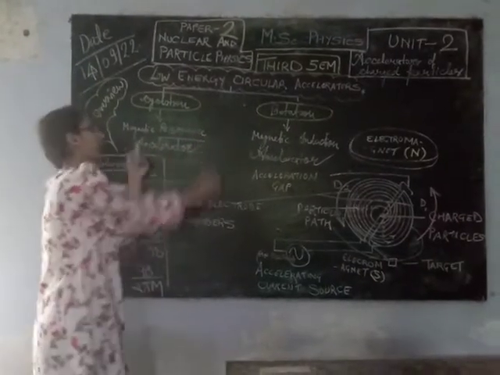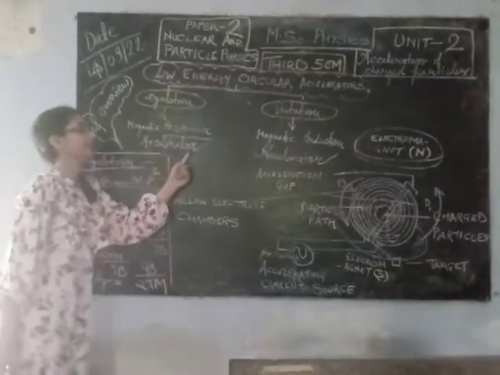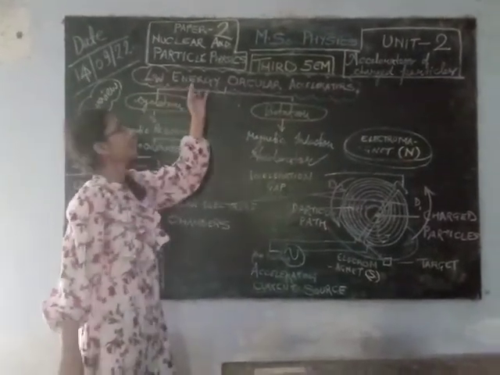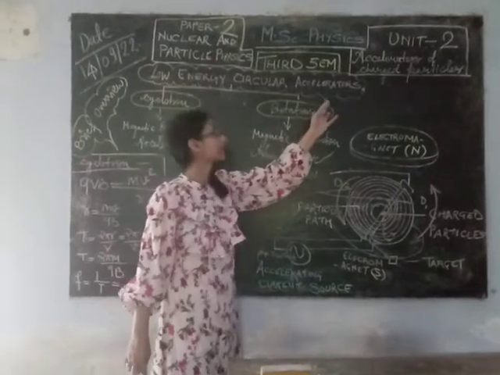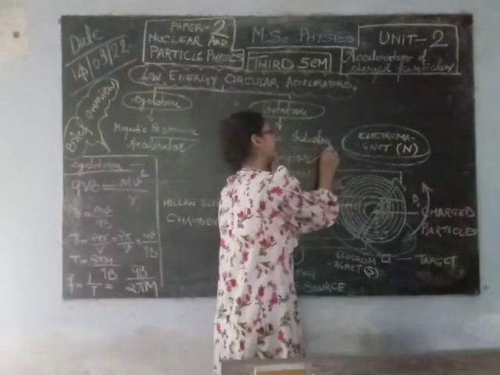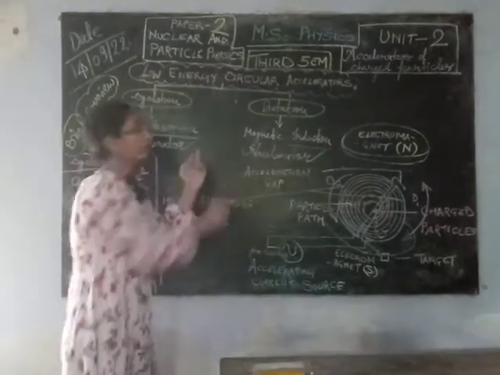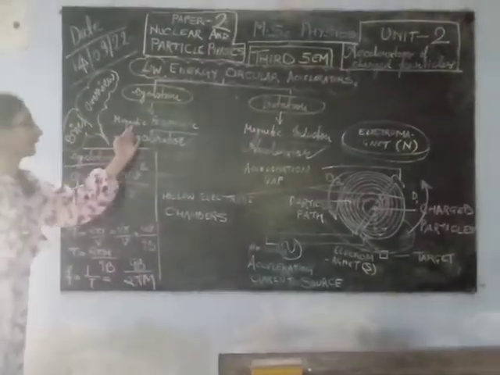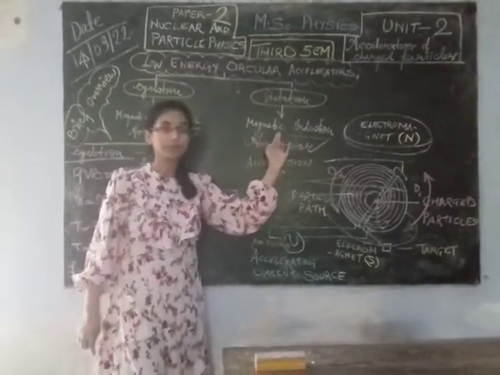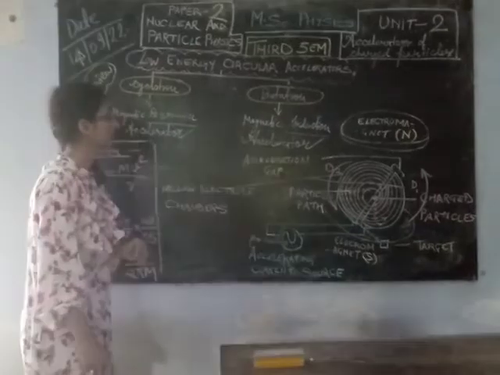Please remember, magnetic resonance accelerator. And the betatron, which is also a low energy circular accelerator, comes under magnetic induction accelerators. So the cyclotron comes under magnetic resonance accelerators and the betatron comes under magnetic induction accelerators.